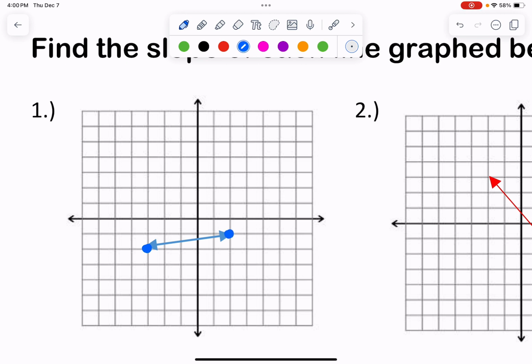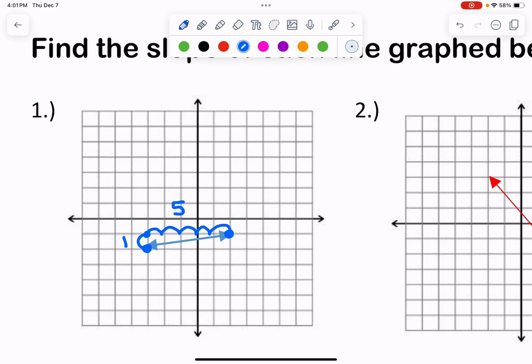We always start with our rise over our run. So I'm going to start on the left and figure out how I move from this point to this point. We're going to do rise over run, and we're going to count our spaces. We can see that we're going to go up 1, and then we're going to go over 1, 2, 3, 4, 5.